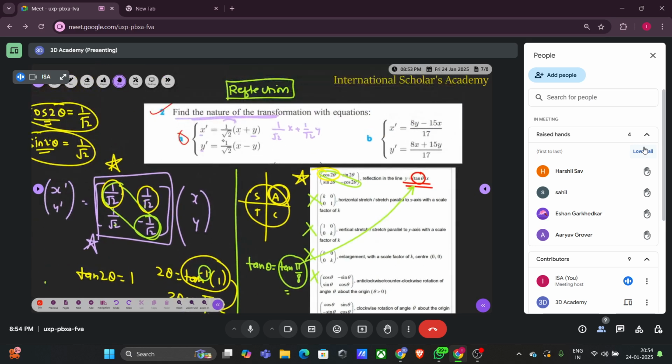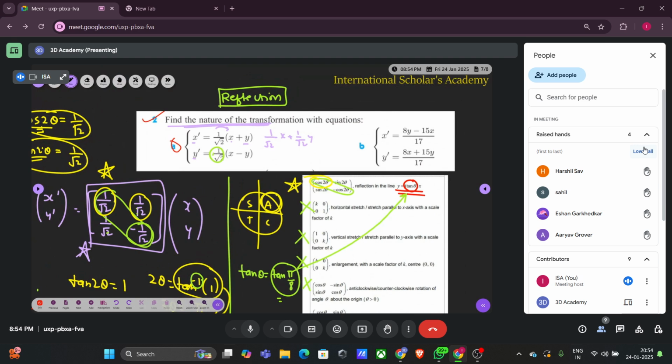See, when I multiply this in bracket, here I will get 1 upon root 2x minus 1 upon root 2y. Yes or no? Yeah, so why didn't you take that for sign? So, I am comparing this with this column, na? I am comparing this matrix with this matrix, correct?